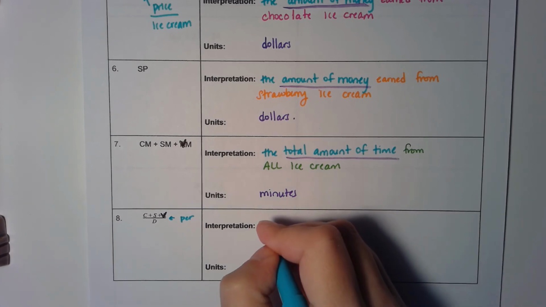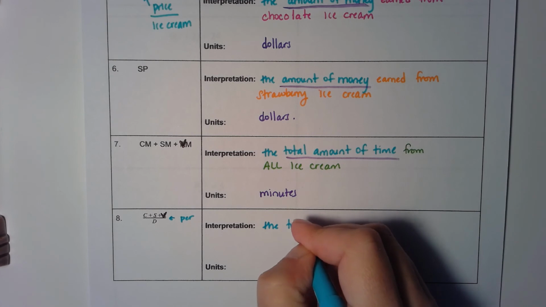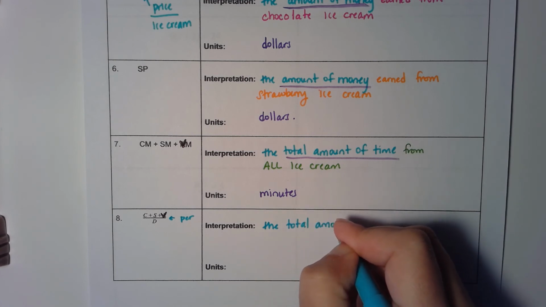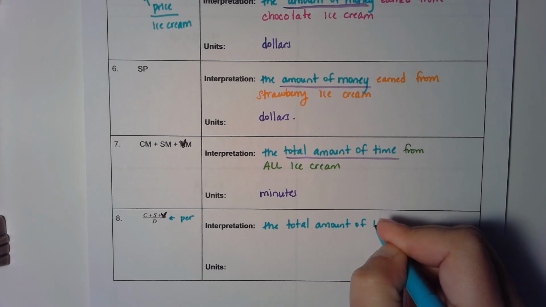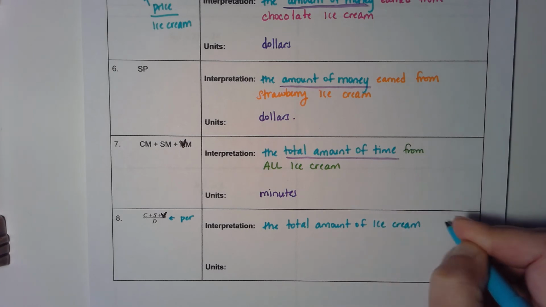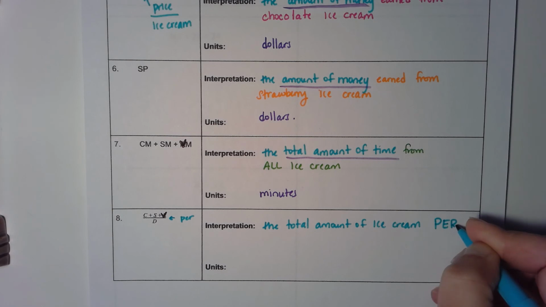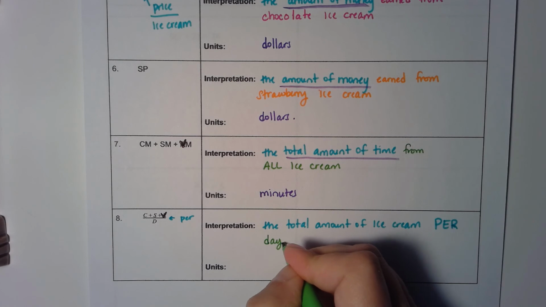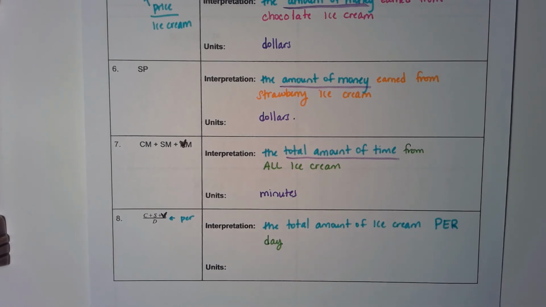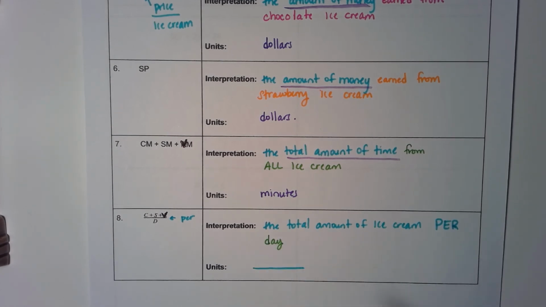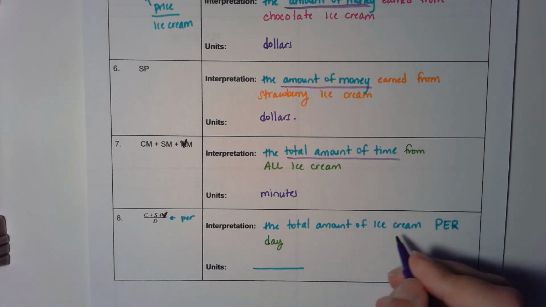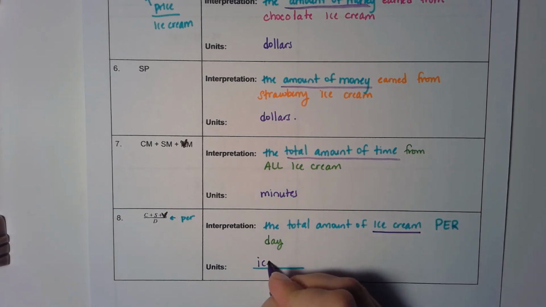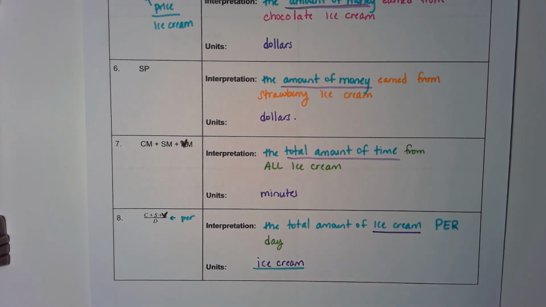So our answer here would be the total amount of ice cream per day, because D is for days. Now that means our units should also be dividing. For total amount of ice cream, we would just say ice creams. And for day, we would just say day. So our units would be ice creams per day.